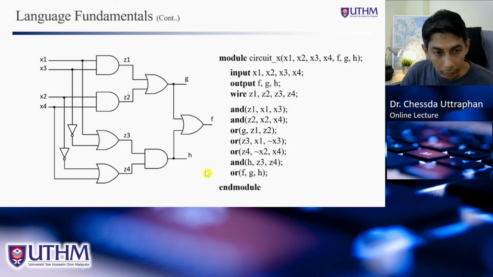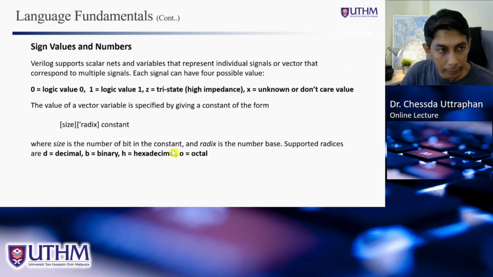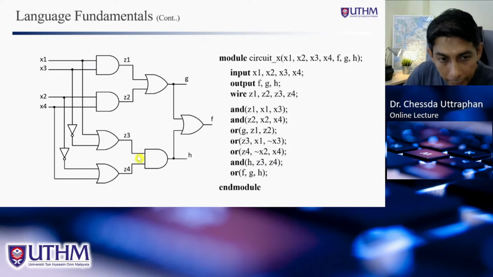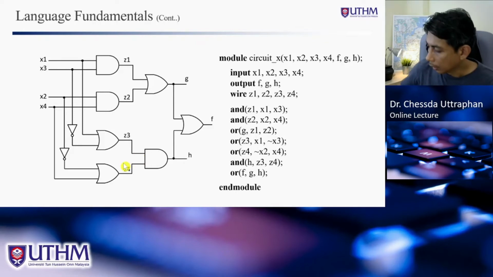Which is very easy. And now we want to go even further, because when we look at this way of designing the circuit using what we call a netlist, or gate instantiation like this, you need to have the circuit and you need to label all the signals, the wires, and then you write the code.